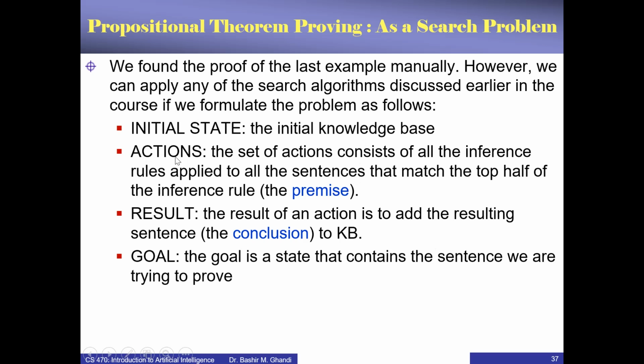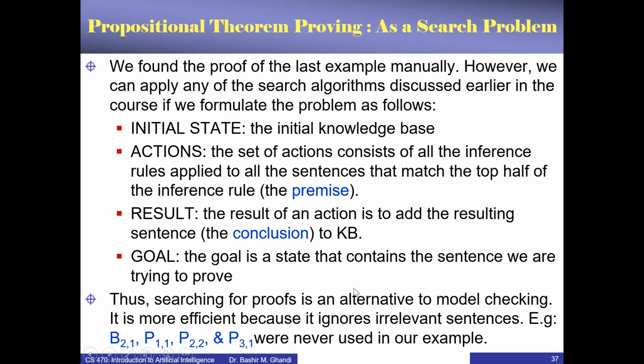So all you have to do is keep applying the rules using any of the searching algorithms. You will be obtaining another sentence from applying the rule. Add that conclusion to your KB and keep doing that. Eventually you will find the searching algorithm will find the answer for you. All right, so that's what we are saying here.